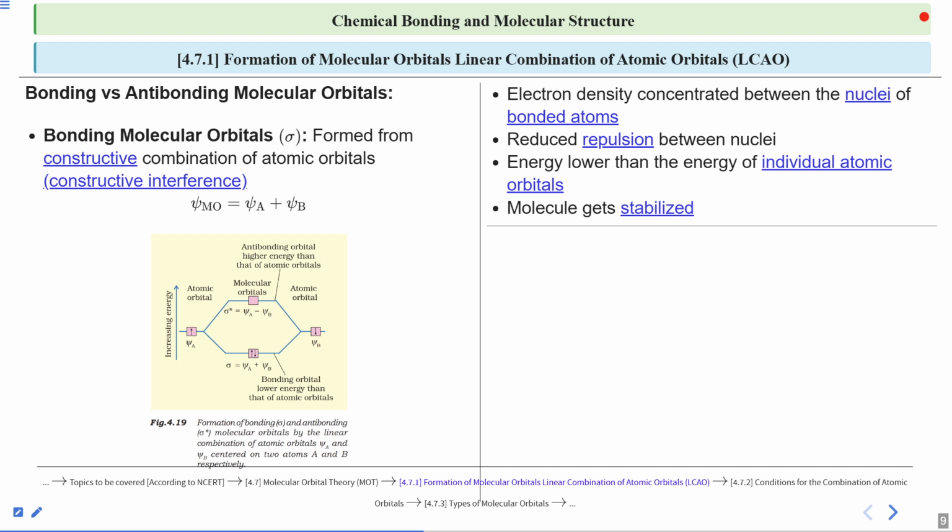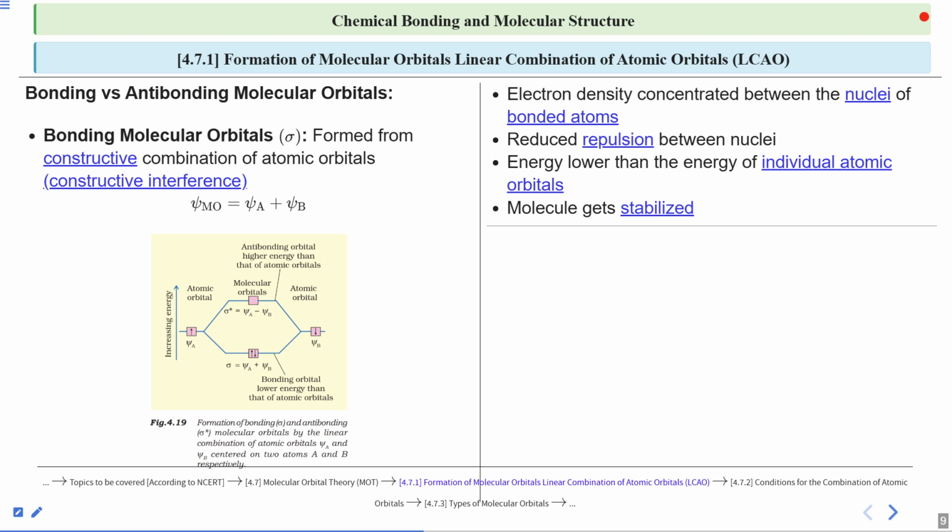You have two atomic orbitals. They are doing a constructive interference. So we are adding the wave functions of the two atomic orbitals, and we are getting an orbital of a lower energy. Why a lower energy? Because upon adding constructively, you are increasing the electron density between two nuclei, which is reducing the repulsion and also increasing the attraction force. So your molecule is getting stabilized.